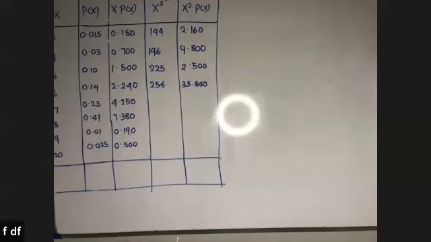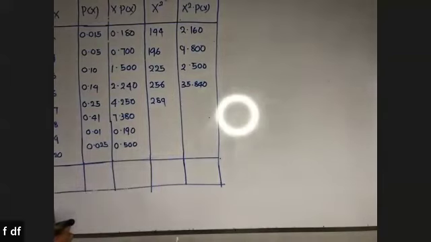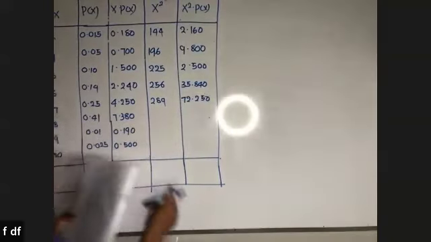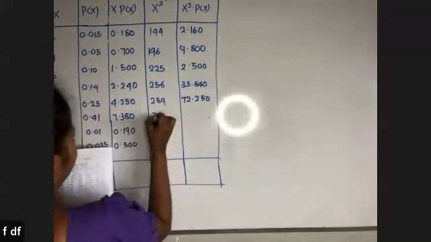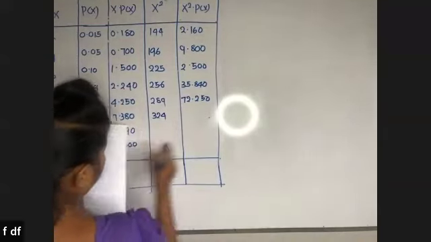17 square is 289. So 289 into 0.25 is 72.250. 18 square is 324, sorry, 324 multiplied by 0.41, that is 132.840.